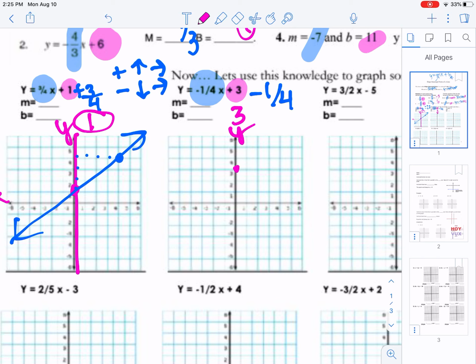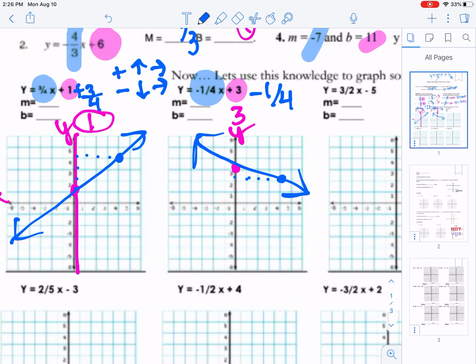So I'm going to put a point at 3. And then I'm going to move by my slope. So it's a -1/4. So I'm going to go down 1 and then right 4. 1, 2, 3, 4. Okay, and then quick check, is my line tilting in the negative direction? Yes, it is, so I'm good.